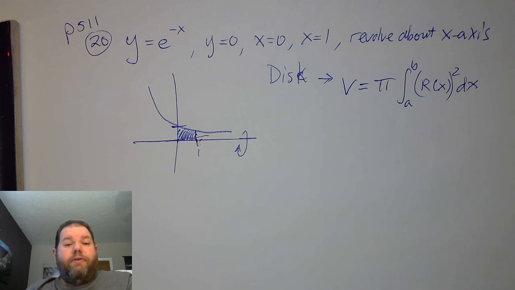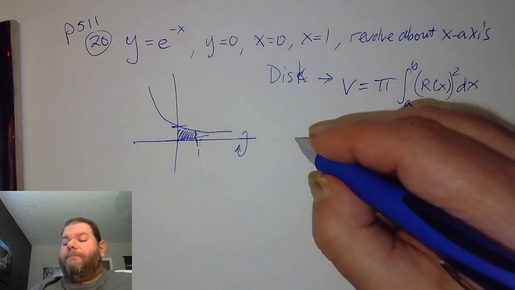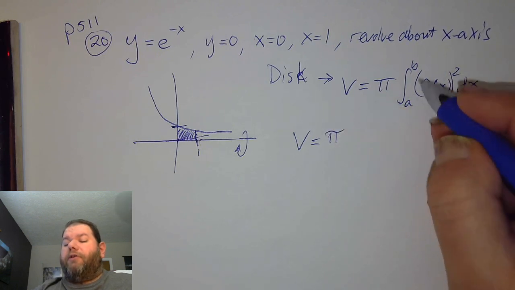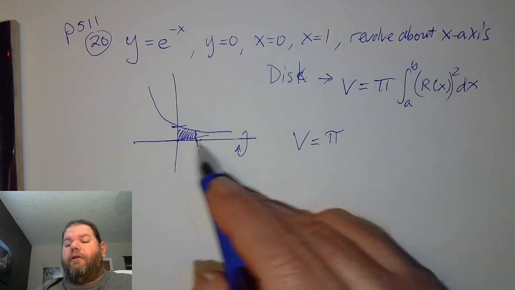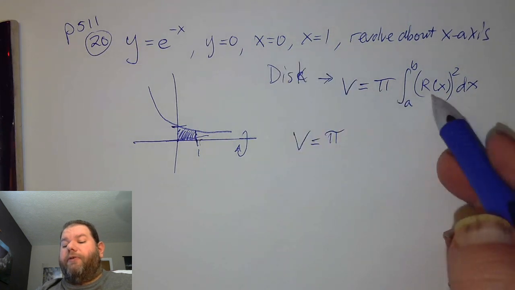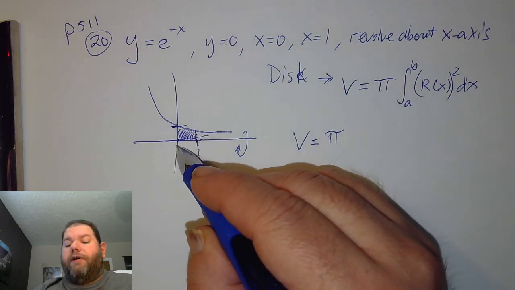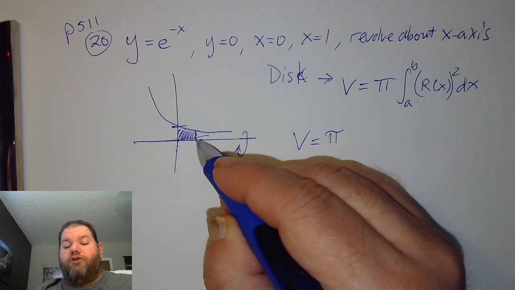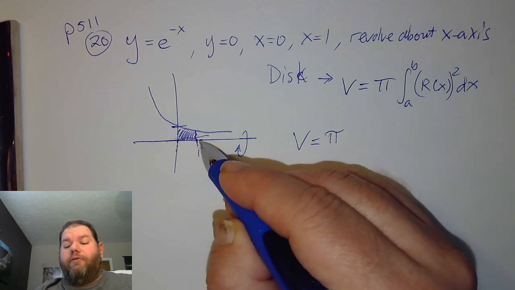The main thing to focus on is knowing when to use the formulas and how to apply them, basically. Now, our limits of integration, a to b, since we're using our x variables here, we'll look at the x value on the left side and the x value on the right side of the shaded region. So it goes from 0 to 1.